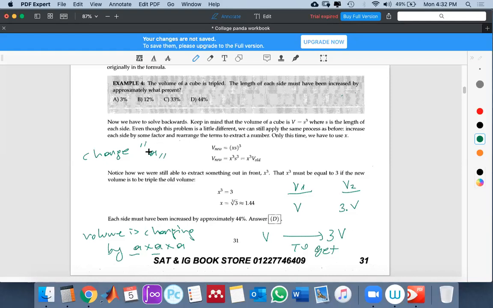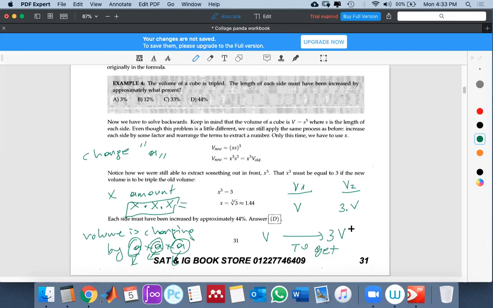So when a changes by x amount, I am changing by x amount, but how, I don't know. So this x amount times another x amount times another x amount, to get the volume I am multiplying the first edge, second edge, and third edge, or length, width, and height. Length, width, and height: x amount from the length, x amount from the width, x amount from the height.